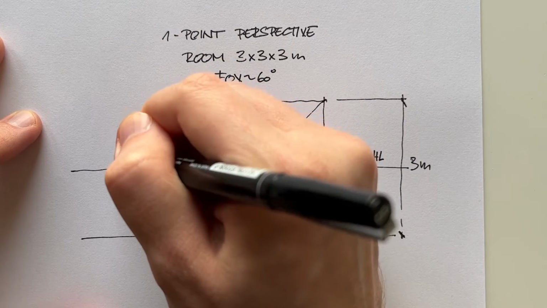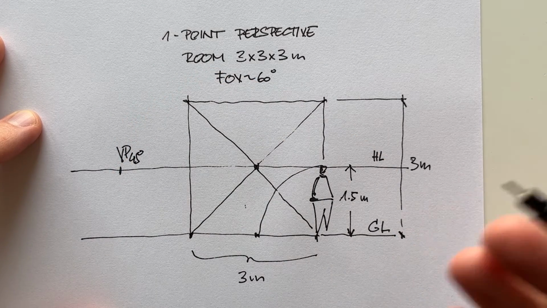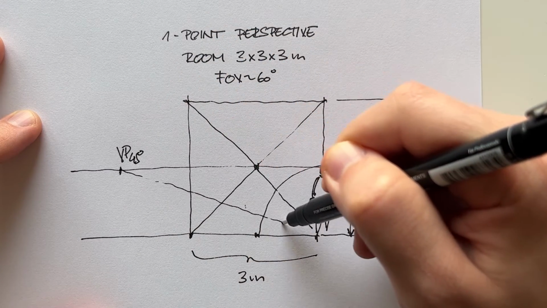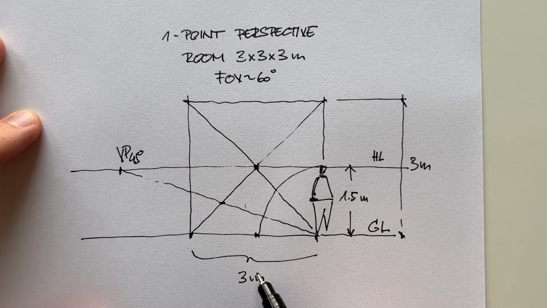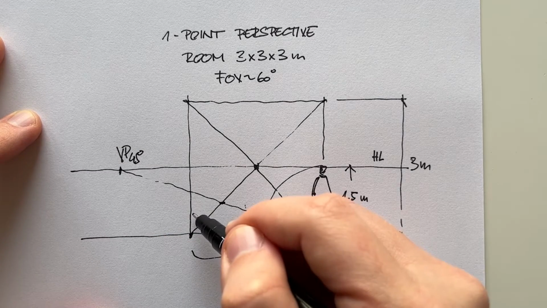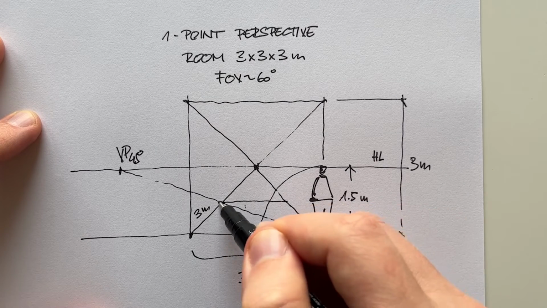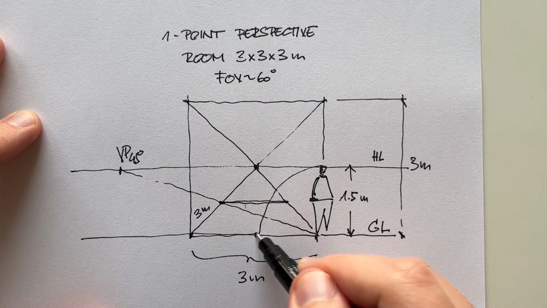And this is the vanishing point for 45 degrees, which we can use for all types of measurements. So if I connect it, because it's 45 degrees, we know that these 3 meters will be also in here. And we draw basically a square in the ground plane using this method.